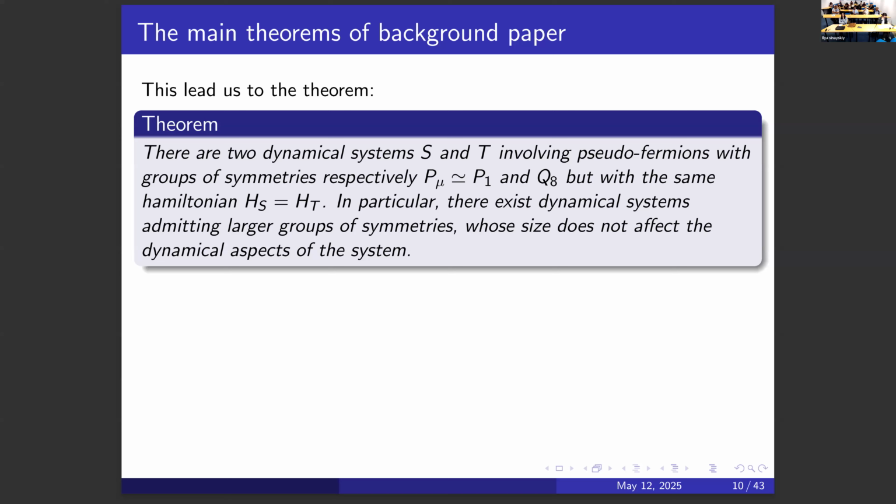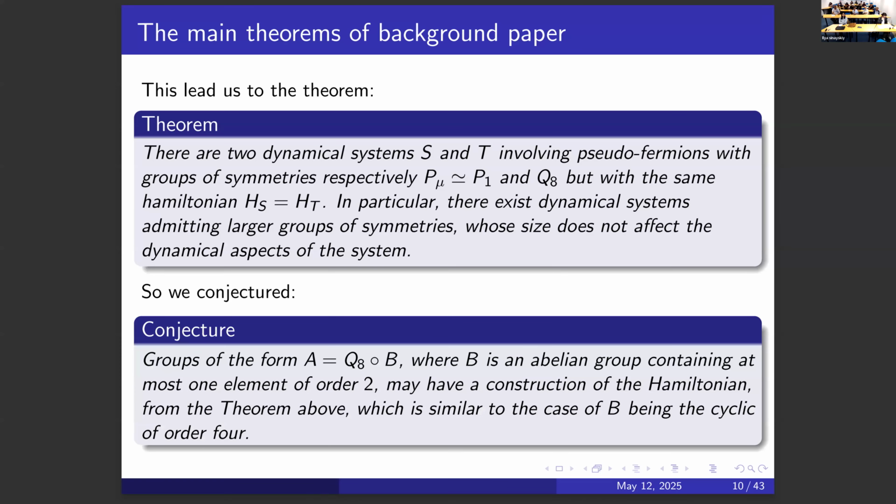Yeah, 3 minutes. Okay, try to do this. So we conjectured that maybe in some way we could use the central product and the fact that we have Q8 to simplify systems in the same way that we simplify this sort of system.